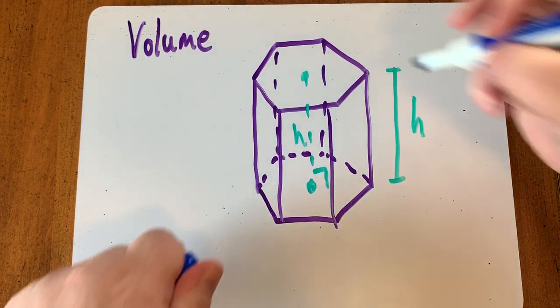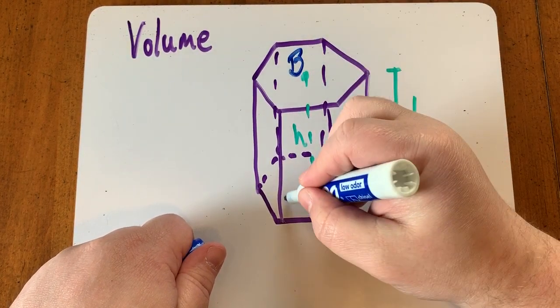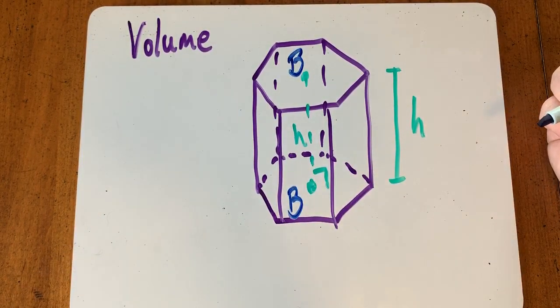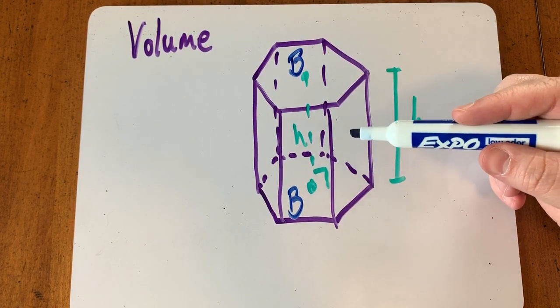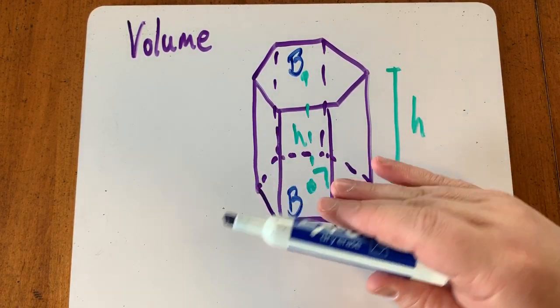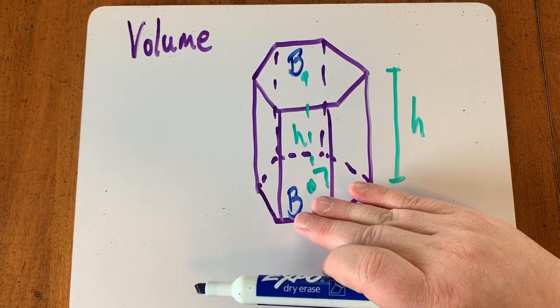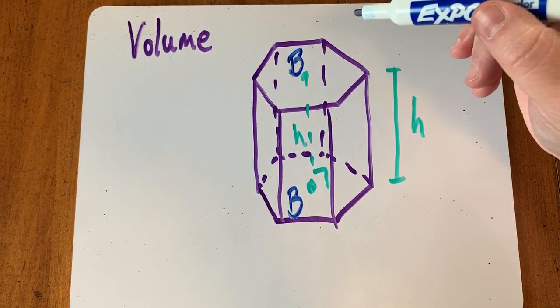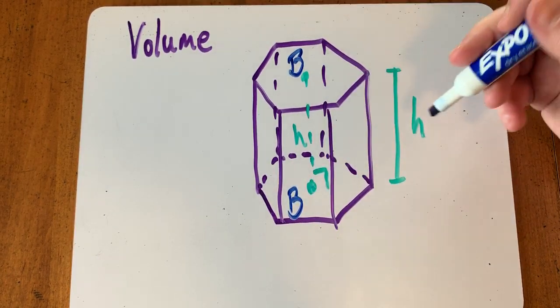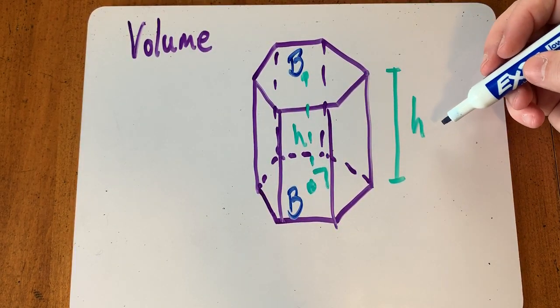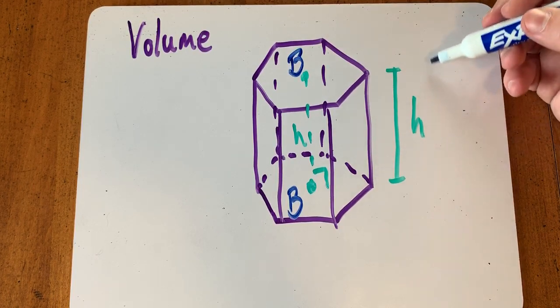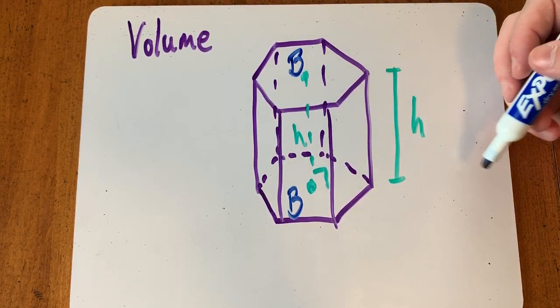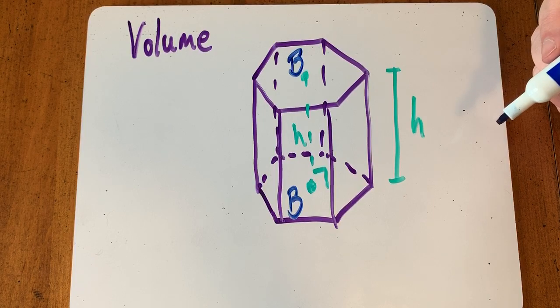And the top and bottom both have the same base area. Essentially what's happening is we are taking that base and we are stacking it up over and over and over again. And each of those stacks corresponds with a real number that can be assigned to the number line that covers 0 through h.